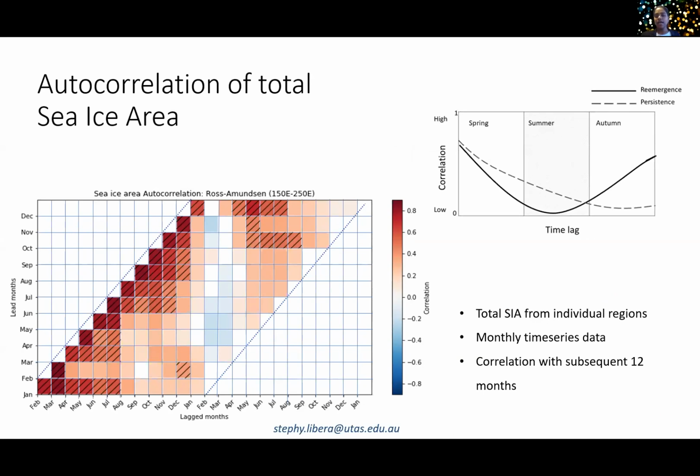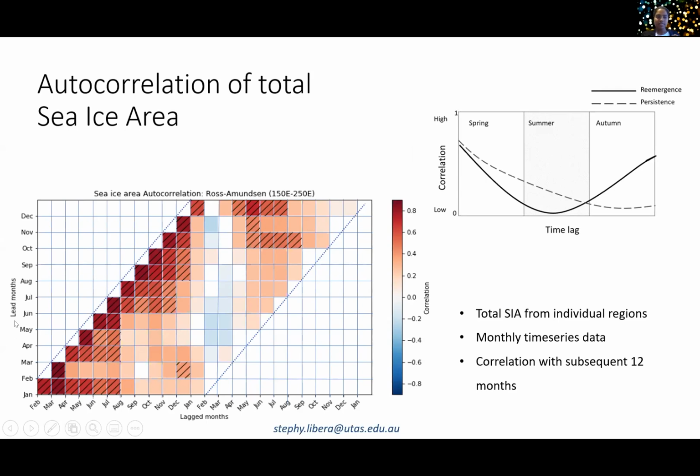and then we calculate the total sea ice area, produce a monthly time series, and then compute the lagged correlation. So in this figure, you have the lead months on the y-axis and the lag months on the x-axis.